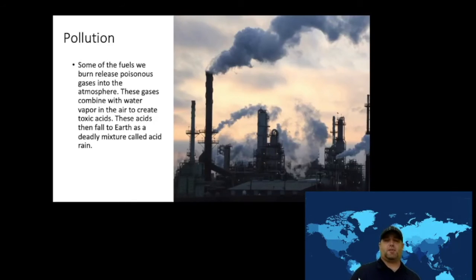Okay, and I want to clear this up for you guys. This isn't always a deadly mixture, okay? What we see is the chemicals that saturate the vapor in the air. As they fall to Earth, they don't necessarily just kill people. They tend to cause corrosion and things like that.